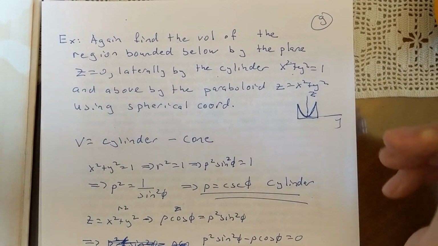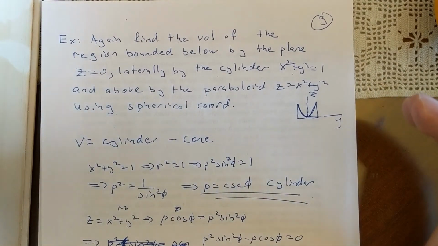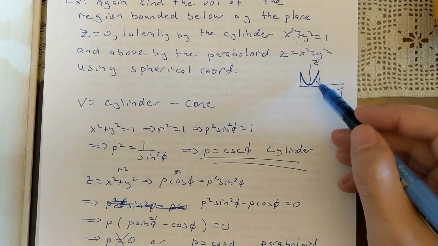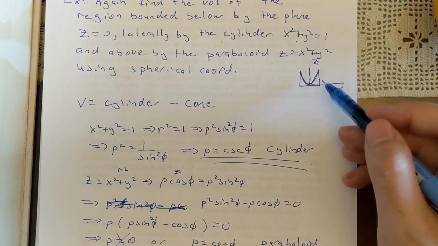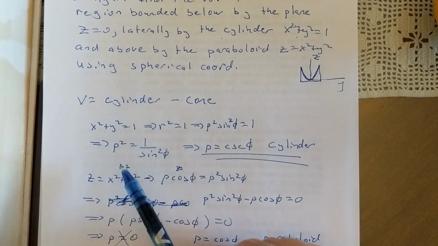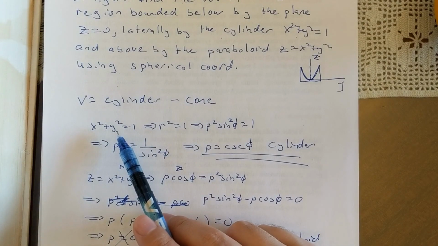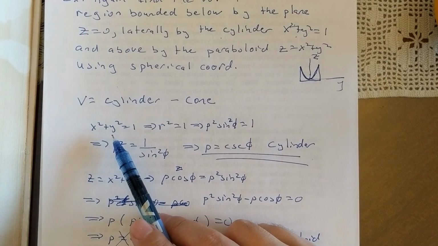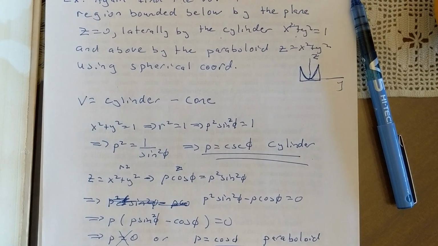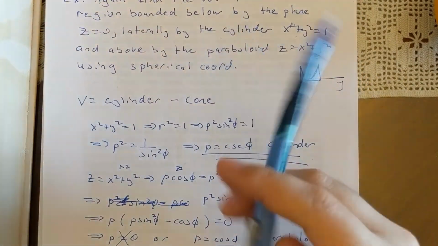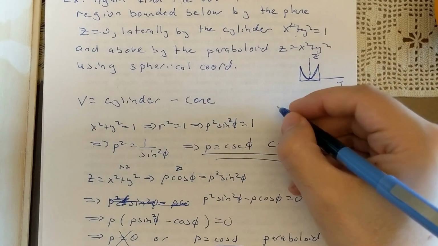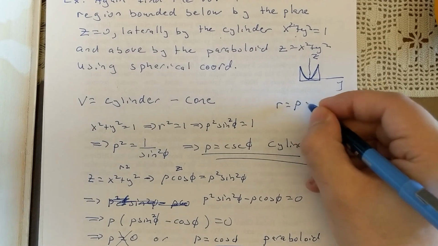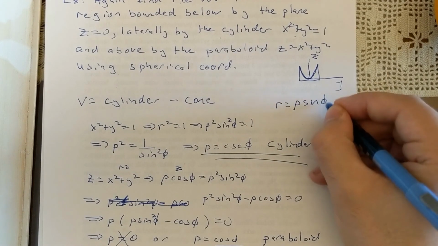Now, unfortunately, we have to get everything in terms of spherical coordinates. We have to get the paraboloid and the cylinder in terms of spherical coordinates. Let's start with the cylinder, because that's going to be a little easier. The cylinder has the equation x squared plus y squared equals 1, so that's basically r squared equals 1. But remember, r was equal to rho sine phi.